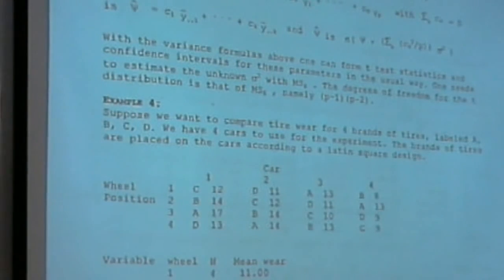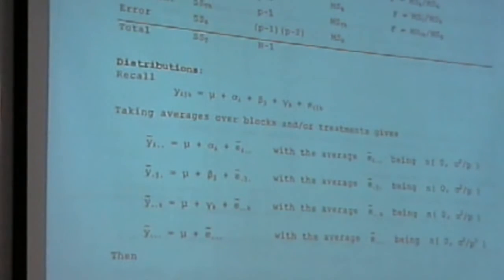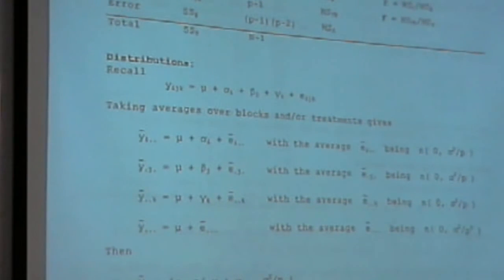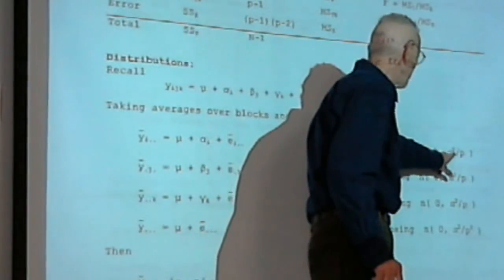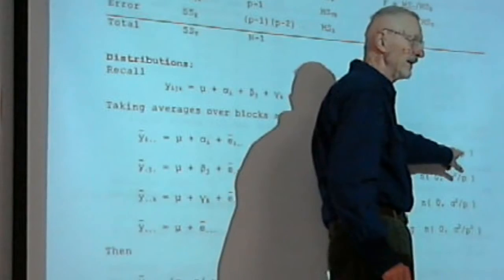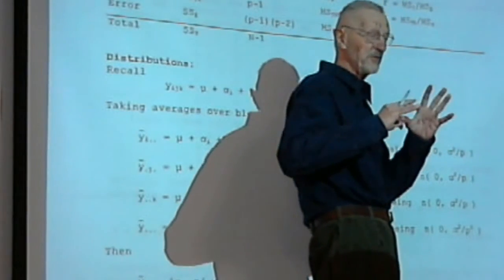So that's why when I write sigma squared over p here, because p, the size of the Latin square, is going to be the number of terms in that average.